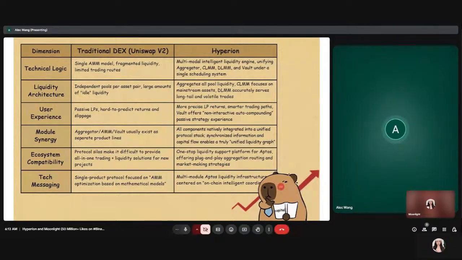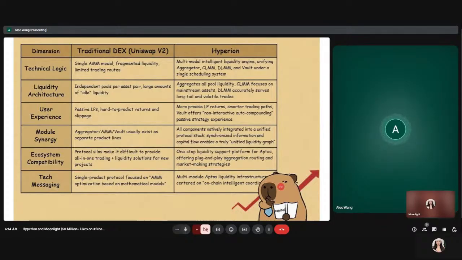We have integrated them into one single and seamless system. Instead of independent pools trapping idle liquidity, we aggregate them and route the capital across all models based on asset characteristics.